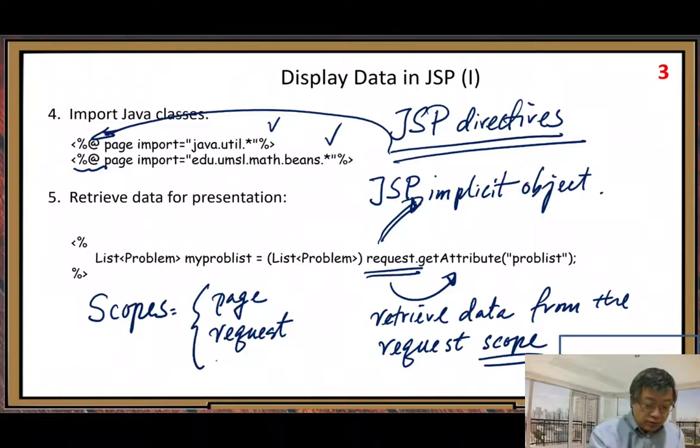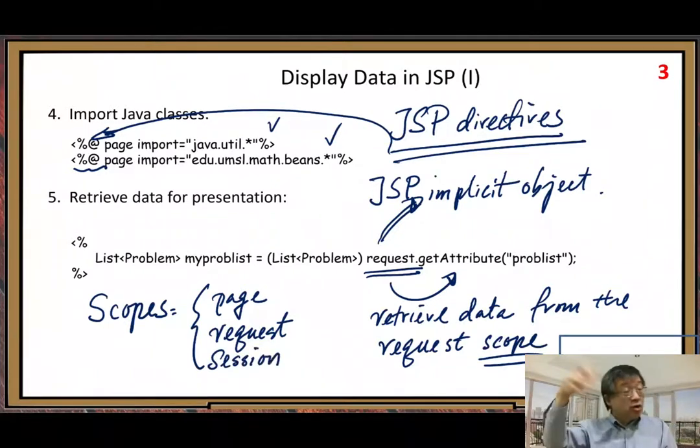Then session scope, which is even larger. One session can have multiple requests, so it covers more than request scope. If you put data in session scope, you can use it in the whole session.